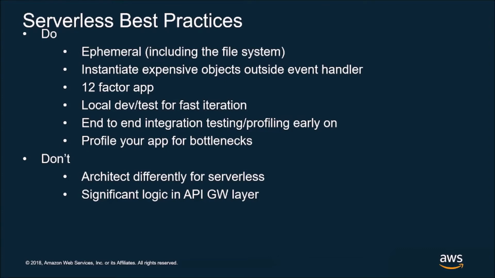Significant logic in the API gateway layer. This is something we have seen come up over and over again, and there are conflicting opinions about this, but our recommendation tends to be to try to avoid putting significant logic, and definitely avoid putting business logic, in the API gateway layer. Let your application logic handle most business logic.